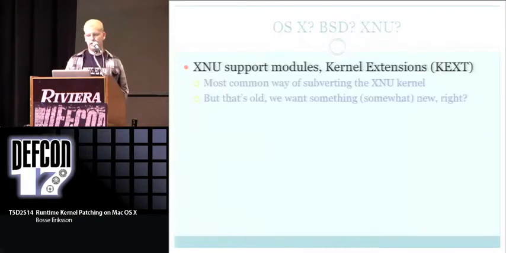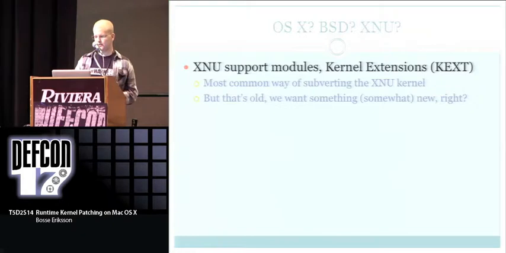The XNU, like any modern operating system, supports modules. On Linux you have LKMs, BSD has KLDs, and OS X has KEXTs, kernel extensions, for device drivers and so on. So you can extend the kernel at runtime by adding new code to it. And this has been the primary way to subvert the XNU kernel. The rootkit I mentioned, WeaponX, uses kernel extensions to patch it.